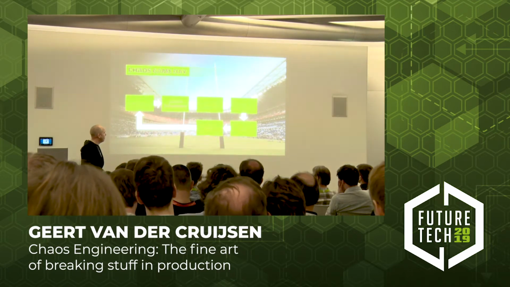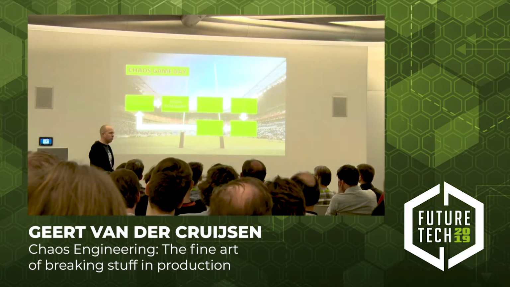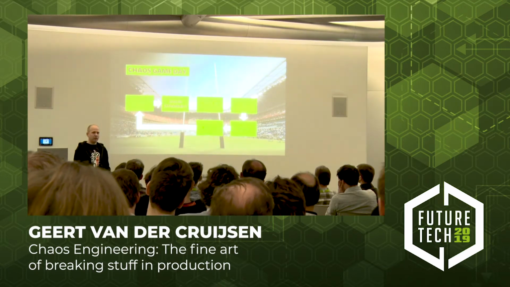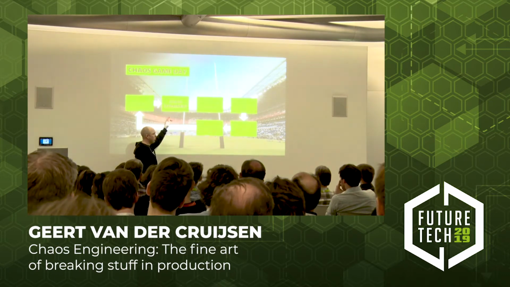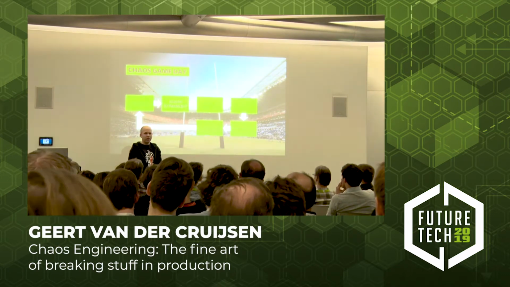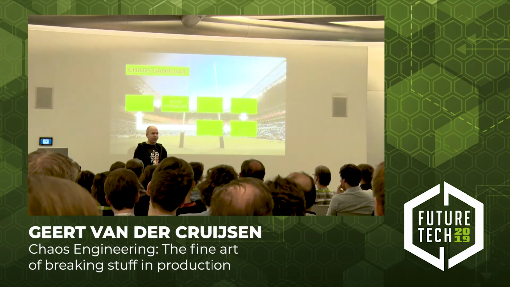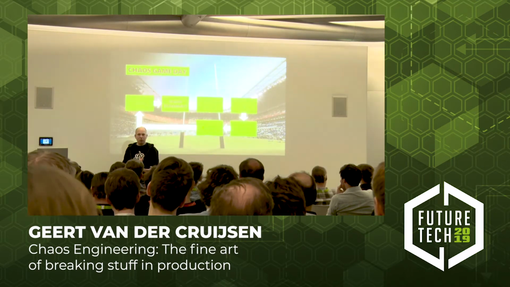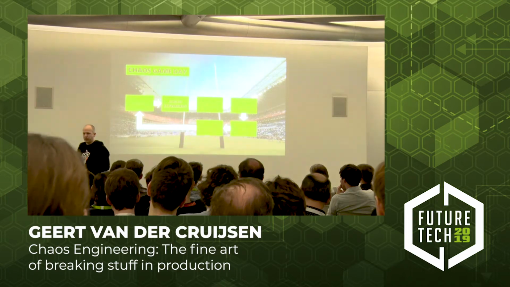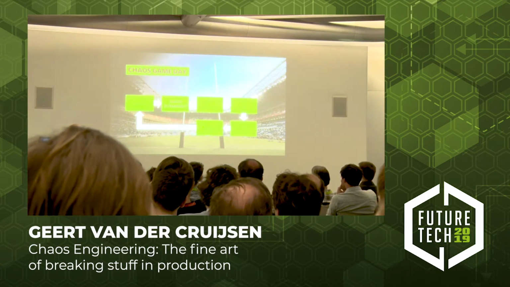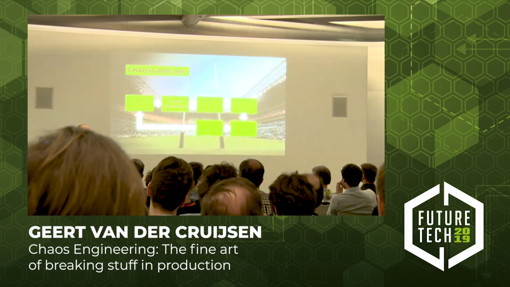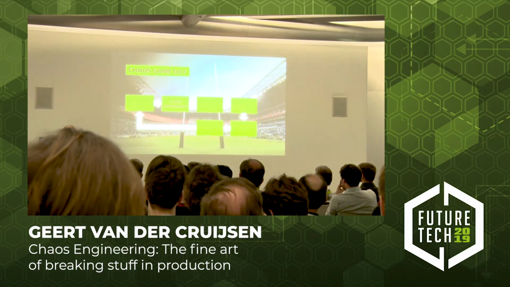Chaos engineering does the same, but we're not going to wait around until an outage occurs. We do this on purpose when everyone is in the office, and not on a Friday night when only the guy on call is there and has to fix it by himself. No, we do it when everyone is there, so we can fix it all together.